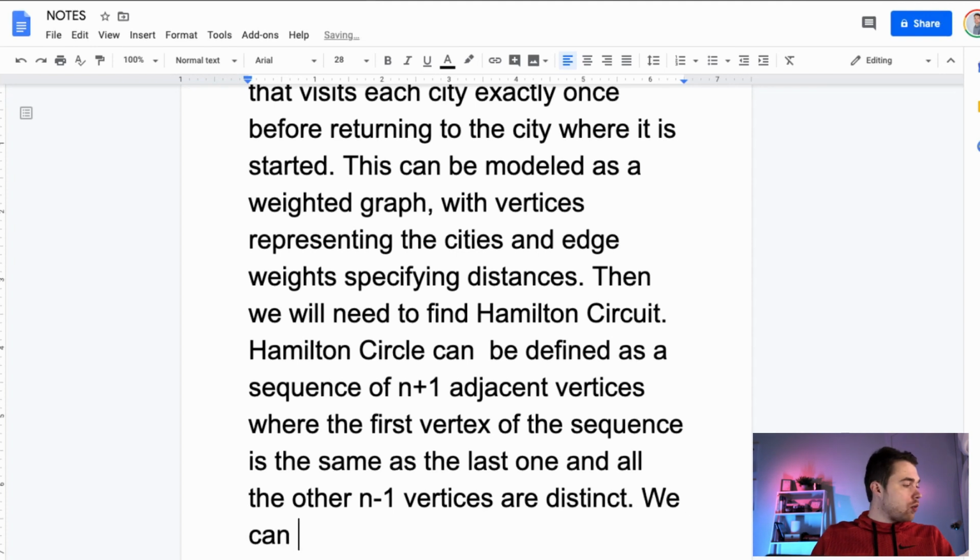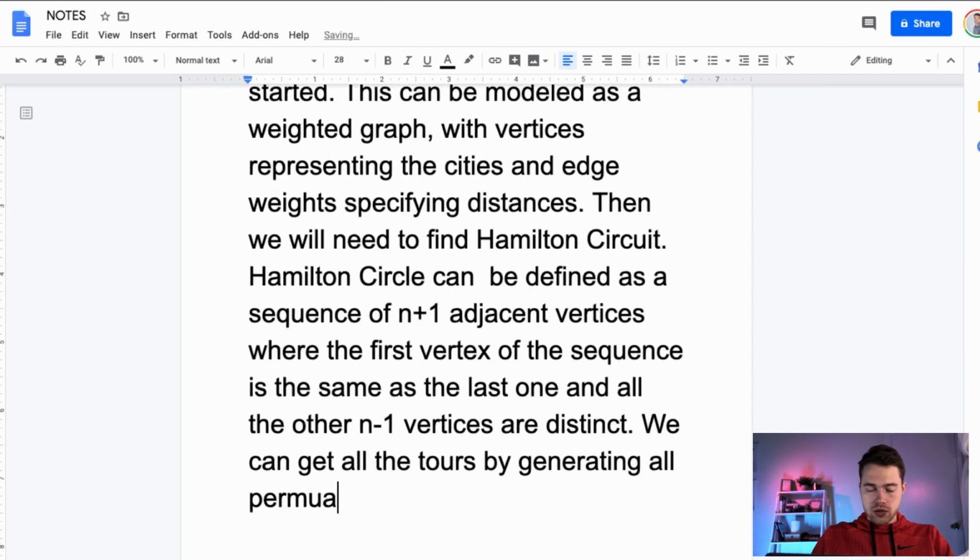Okay, we can get all the tours by generating all permutations of n-1 intermediate cities.